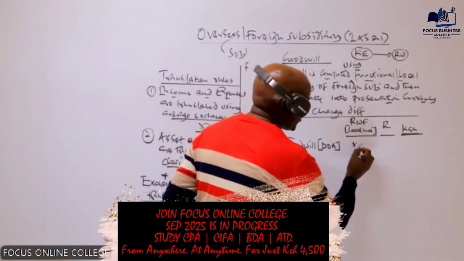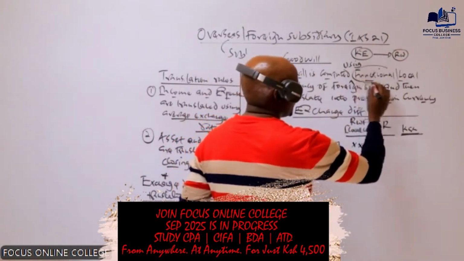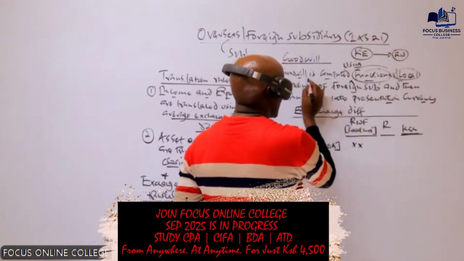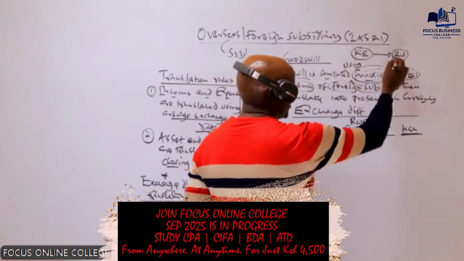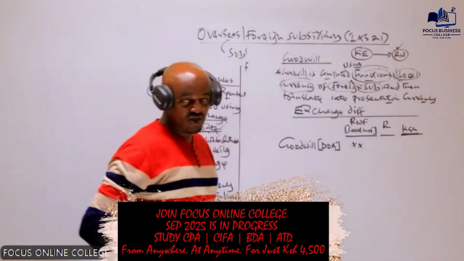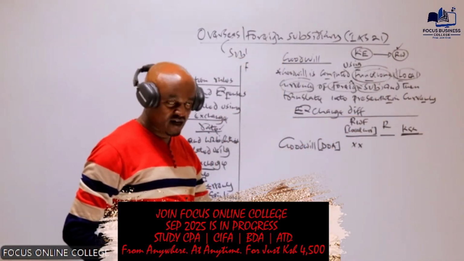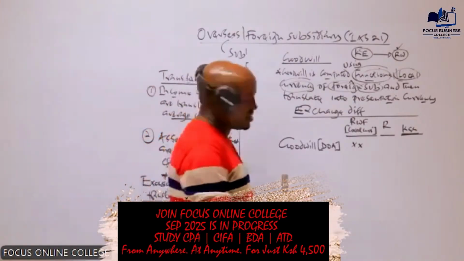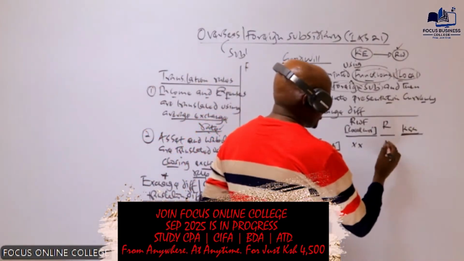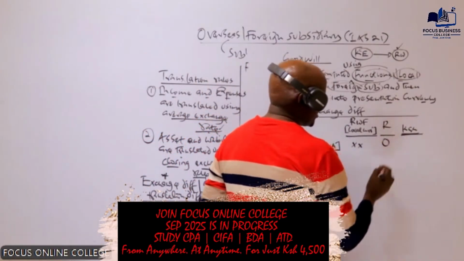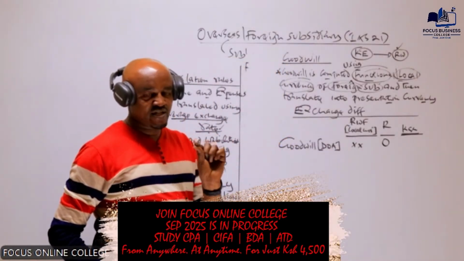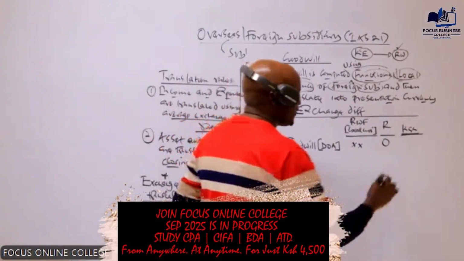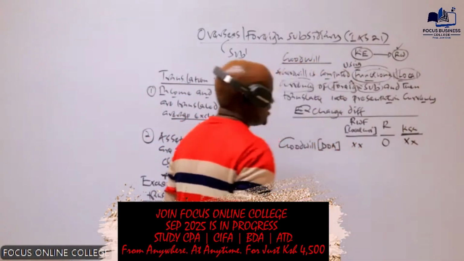And I've said we compute this goodwill always using the functional or the local currency of the foreign subsidiary. So if the subsidiary is operating in Rwanda, we will compute that goodwill using the Rwandan franc. Then we translate that into Kenyan shillings using which exchange rate? The opening, O for opening, the opening exchange rate, the exchange rate at the start of the year. We get the value there.